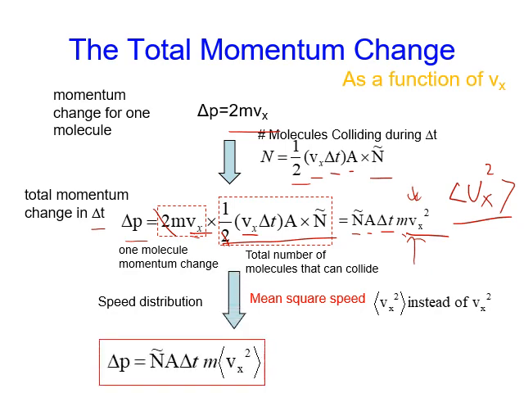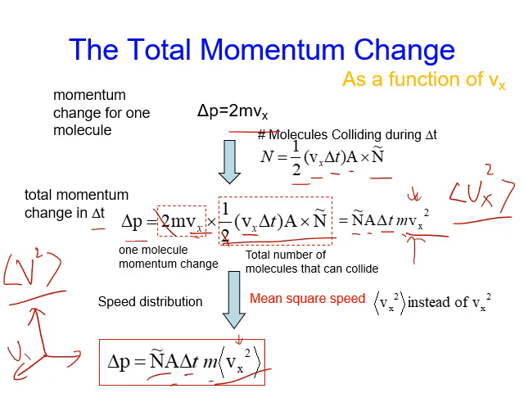So here we write it as the number density, area times time interval, mass times the mean square speed along the x direction. Now at this point we don't have this, but we have the mean square speed. Now it's about 3 dimensions. For any speed, you have an x direction, a y direction, and a z direction.